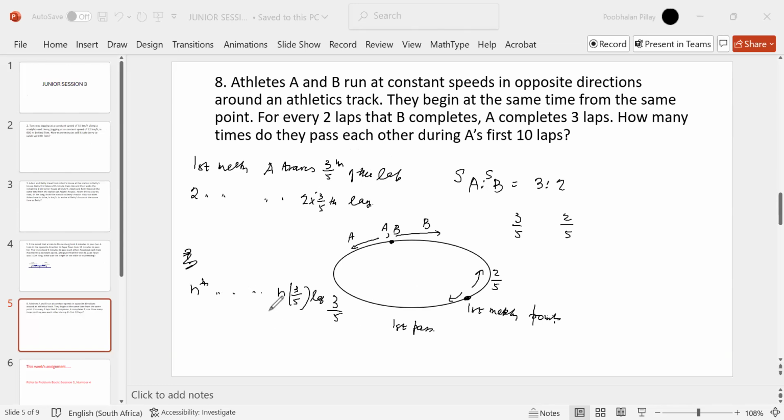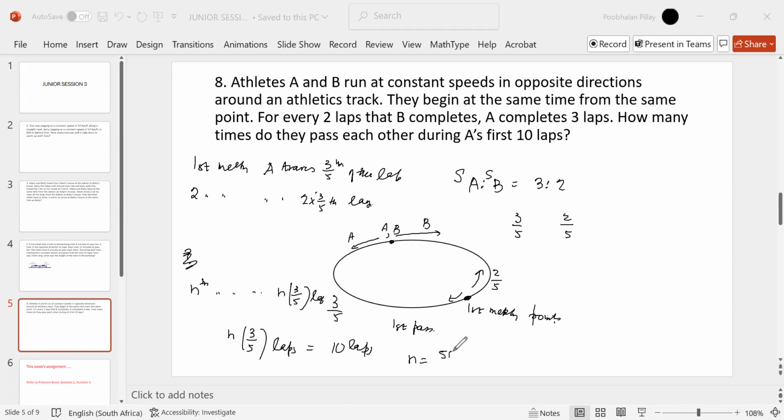But A would have covered 10 laps altogether. So you've got n, the number of times they meet, times 3/5 of a lap, is equal to 10 laps. So what is n? Now you can actually calculate n. n times 3/5 is 10.